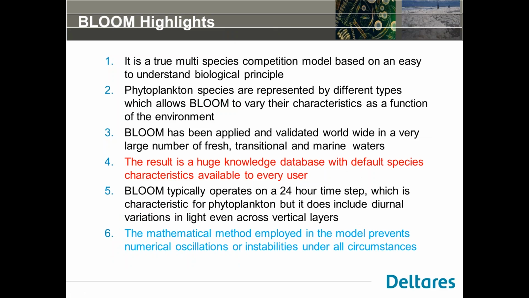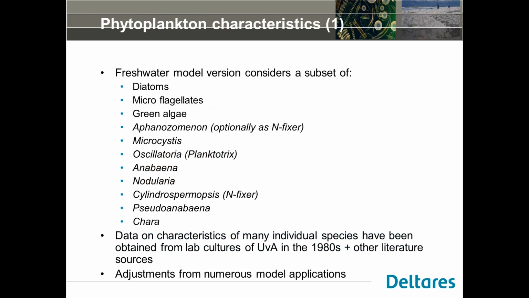I'll tell you something about the database with all the species. The freshwater model version consists of diatoms, microflagellates, green algae, Aphanizomenon, usually optionally as a nitrogen fixer, Microcystis, Oscillatoria, which is now usually called Planktothrix, Anabaena, Nodularia, and it's been recently extended with Cylindrospermopsis, another nitrogen fixer, Pseudanabaena, and Chara, which are macroalgae attached to the sediment.